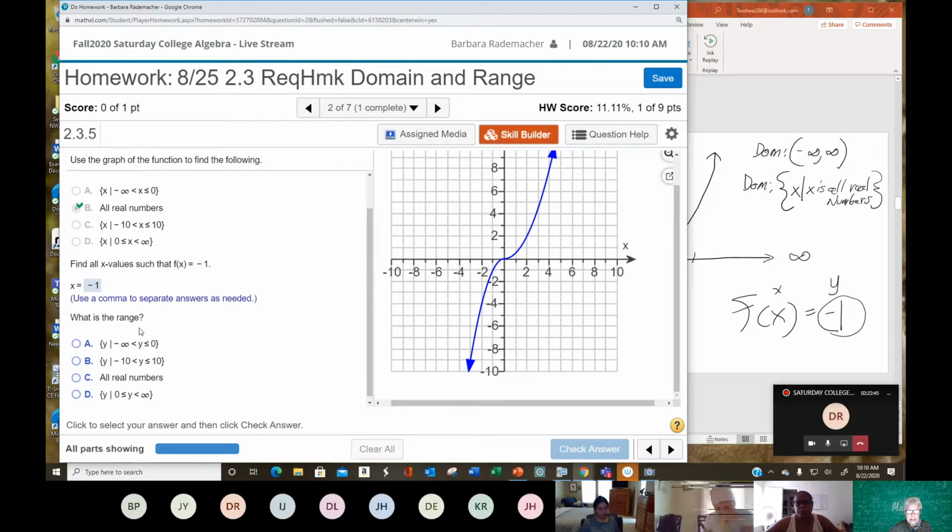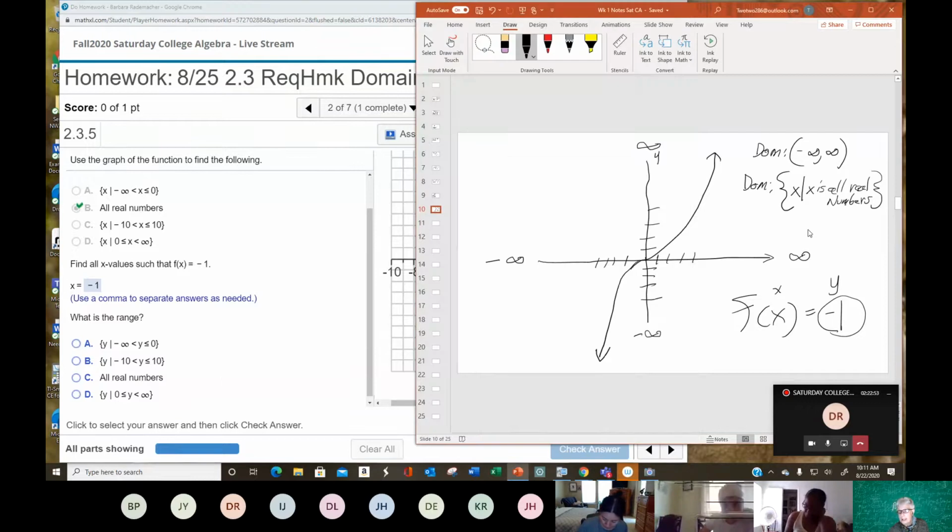Okay, now it's asking what is the range? And we've got to deal with this same issue that we dealt with the domain. Namely, that just like the graph goes forever to the left and forever to the right, so the domain goes from negative infinity to infinity, which means all real numbers.